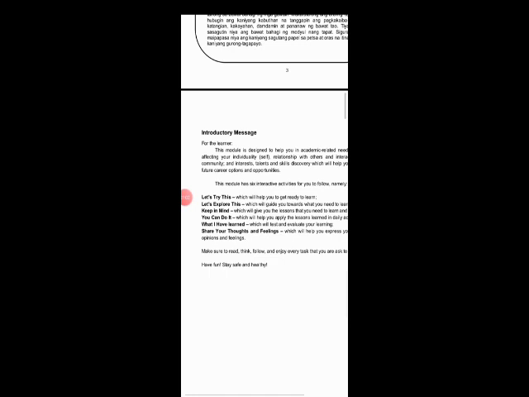This module has 6 interactive activities for you to follow, namely: Let's Try This, Let's Explore This, Keep in Mind, You Can Do It, What I Have Learned, and Share Your Thoughts and Feelings. All these activities must be answered on your yellow paper to be submitted every Friday with your other activities in other subjects.